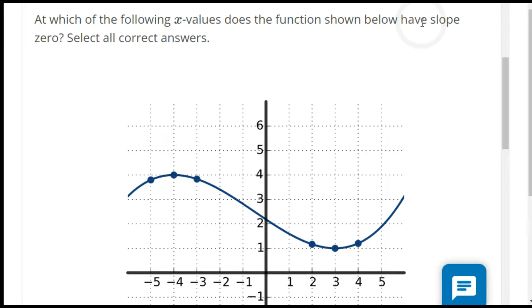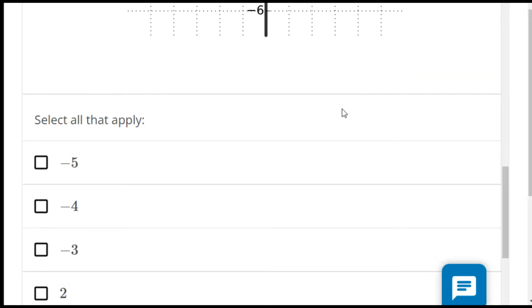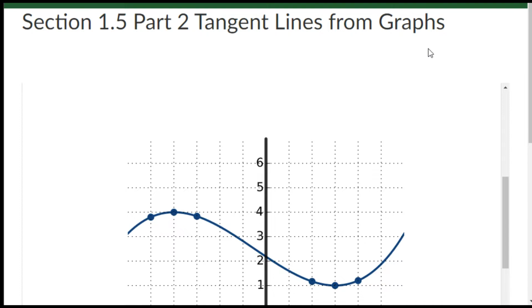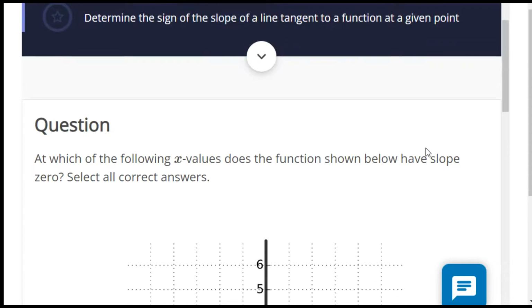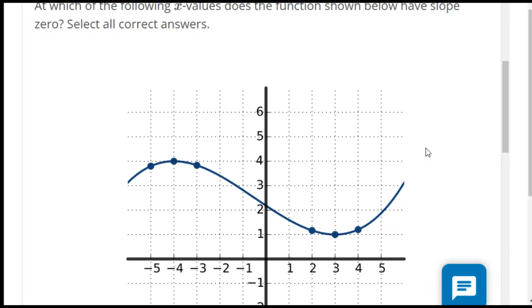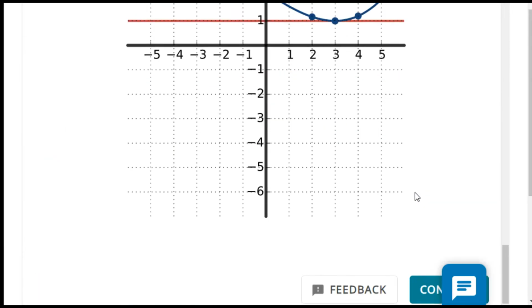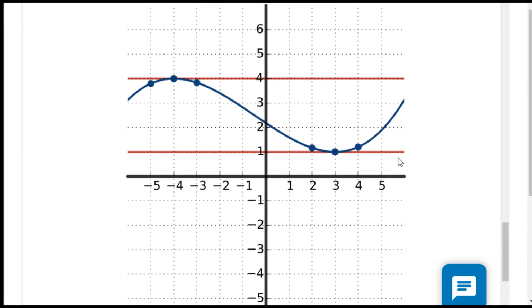A tangent line whose slope is 0. And that would be at -4 and 3. See it? At -4, the tangent line goes horizontal, and at 3, the tangent line goes horizontal. There's a picture of it.